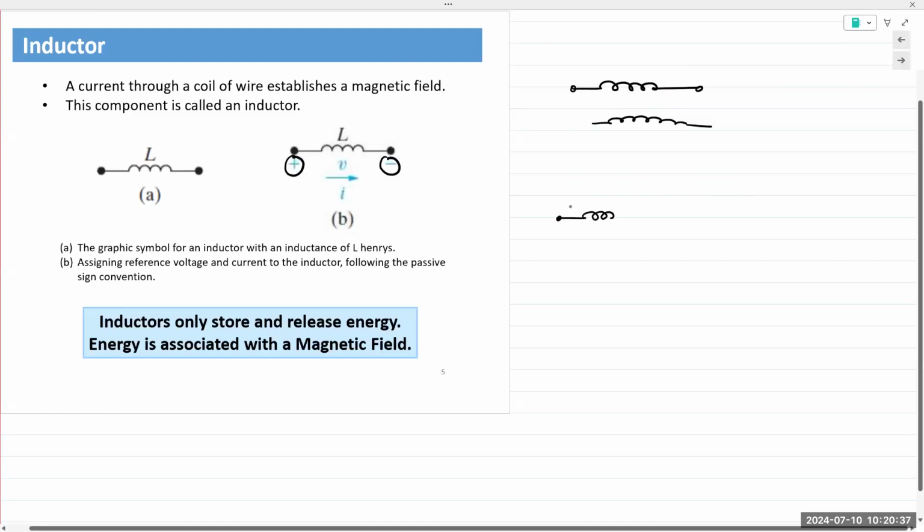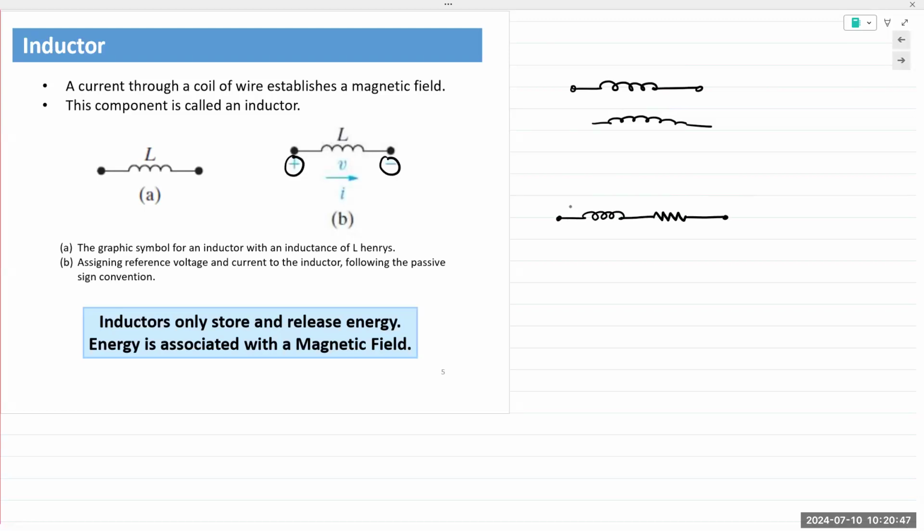So a real-life inductor is made out of a coil of wire. A coil of wire inherently has some resistance. Doesn't matter how good of a conductor you use to make that inductor, a real-life inductor will always have some resistance.